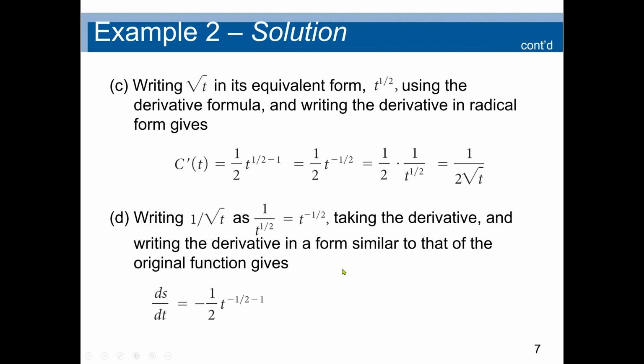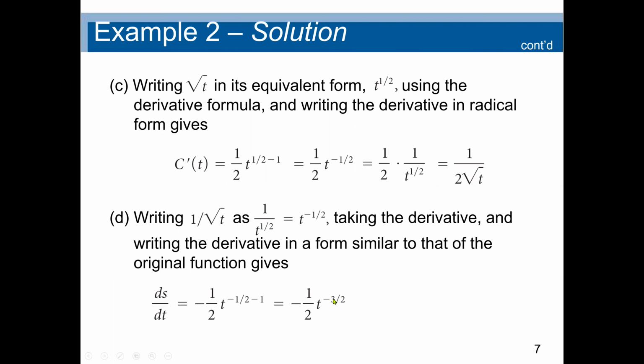And the next question is the same concept also. We have 1 over square root of t, which is the same as writing t to the power negative half. So we have negative half minus 1, which will give us negative 3/2. And we multiply negative half by 1 for the coefficient. So the coefficient will be negative half, because negative half times 1 is negative half.